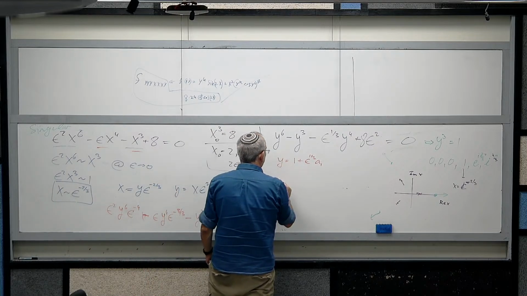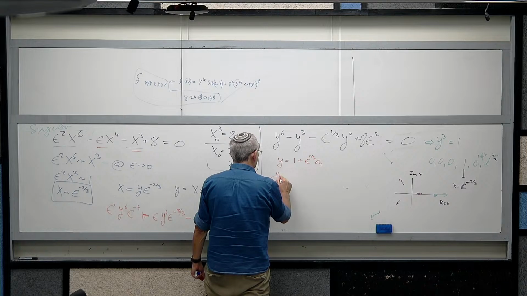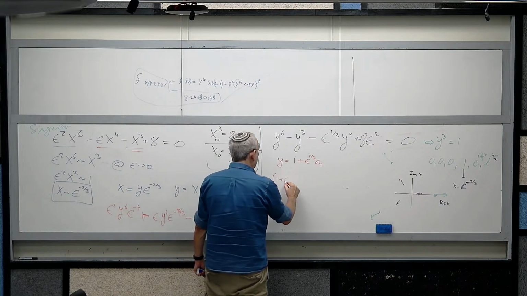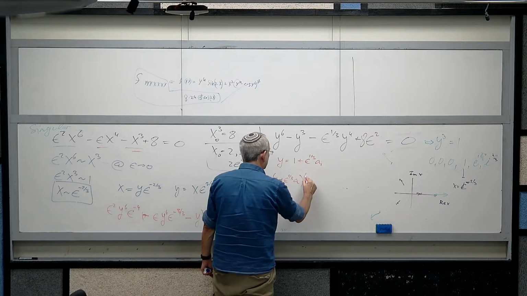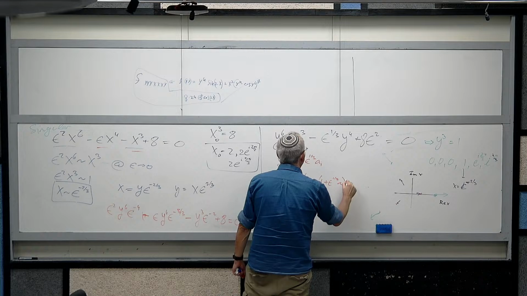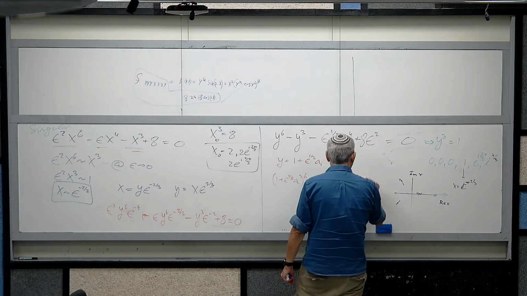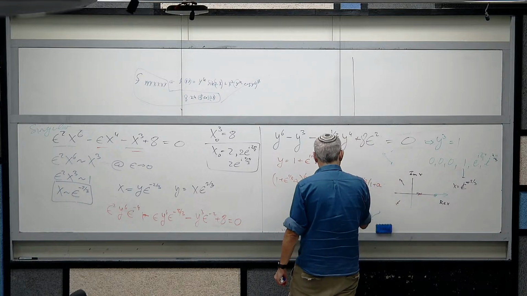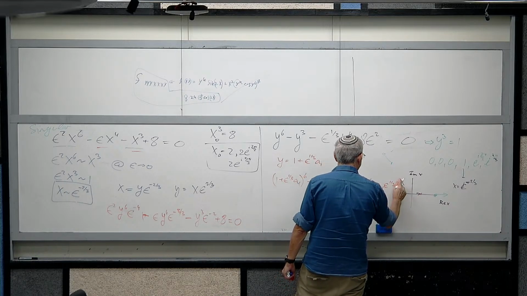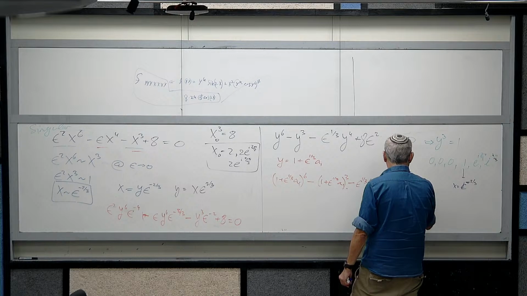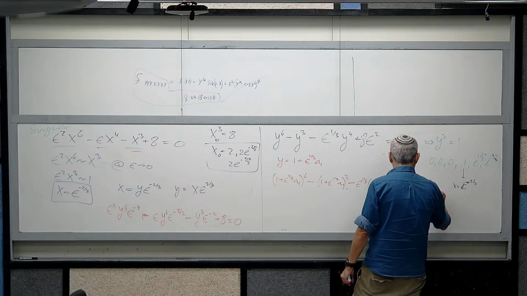Okay? So what will I get? I will get to the order of epsilon to the 1/3. I will keep only terms, let me write it. I have (1 plus epsilon to the 1/3 a1) to the power of 6 minus (1 plus epsilon to the 1/3 a1) to the power of 3 minus epsilon to the 1/3 times (1 plus a1 epsilon to the 1/3) to the power of 4 plus 8 epsilon squared equals 0.